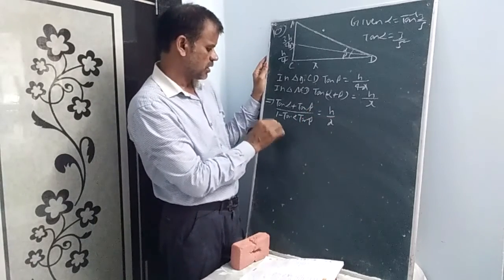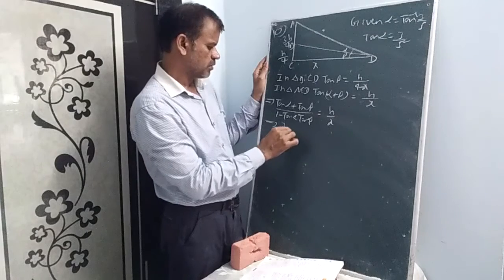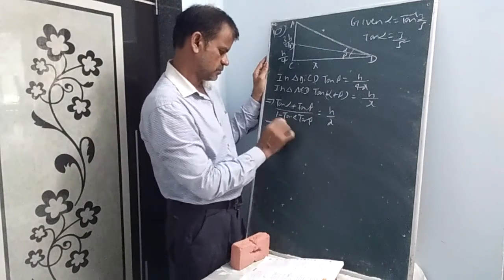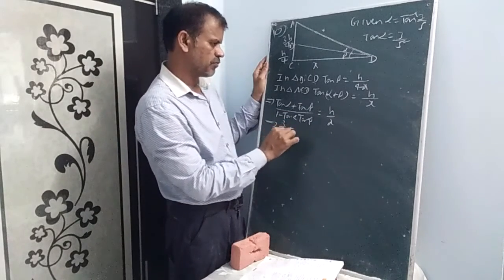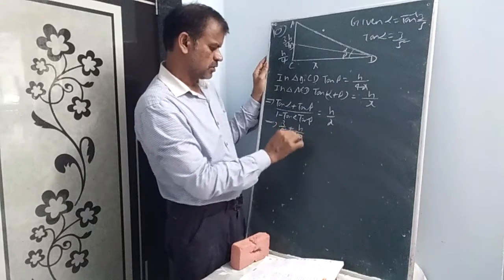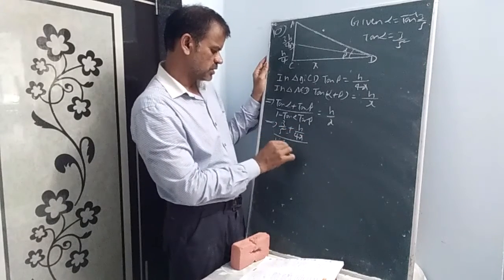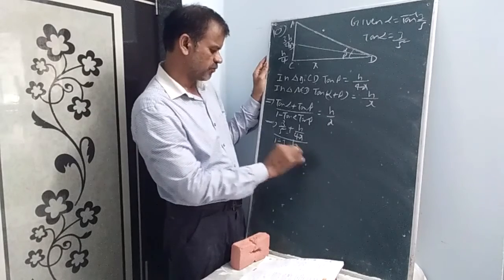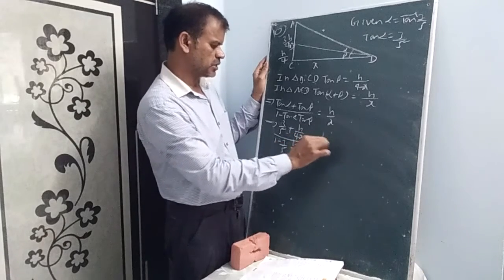Tan alpha plus tan beta by 1 minus tan alpha into tan beta is equal to h by x. Apply the values here: 3/5 plus h/4x, whole by 1 minus 3/5 into h/4x, is equal to h by x.